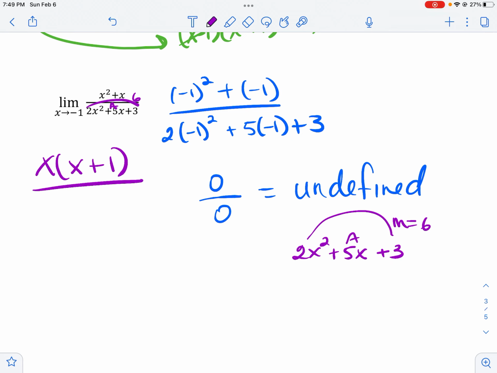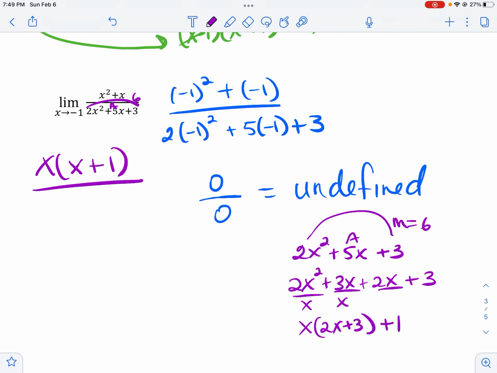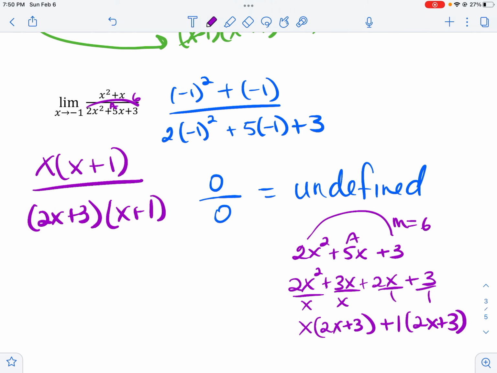So that's 3 and 2. 2x squared plus 3x plus 2x plus 3. I'm going to factor out the x and get 2x plus 3. Factor out a 1. Get 2x plus 3. So I have 2x plus 3 times x plus 1 in the denominator. So there is a common factor that I could factor out. I get x over 2x plus 3.